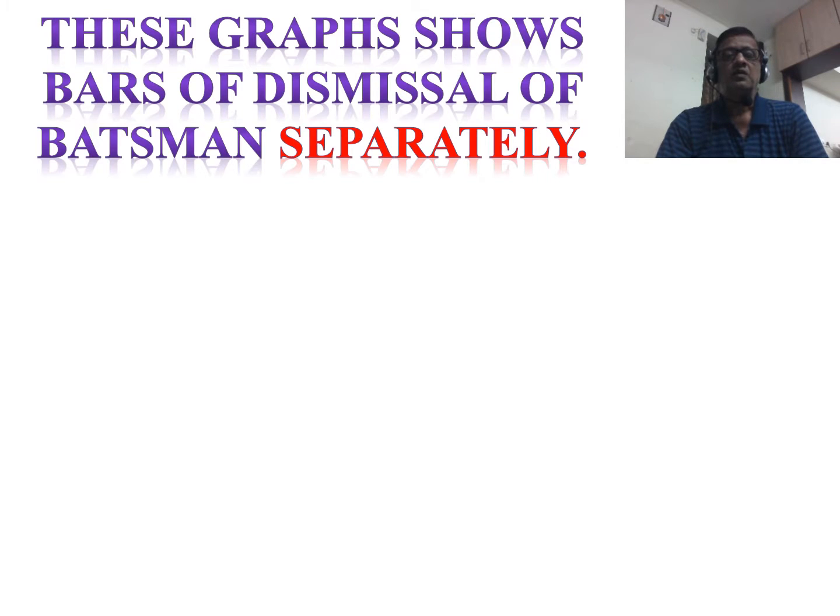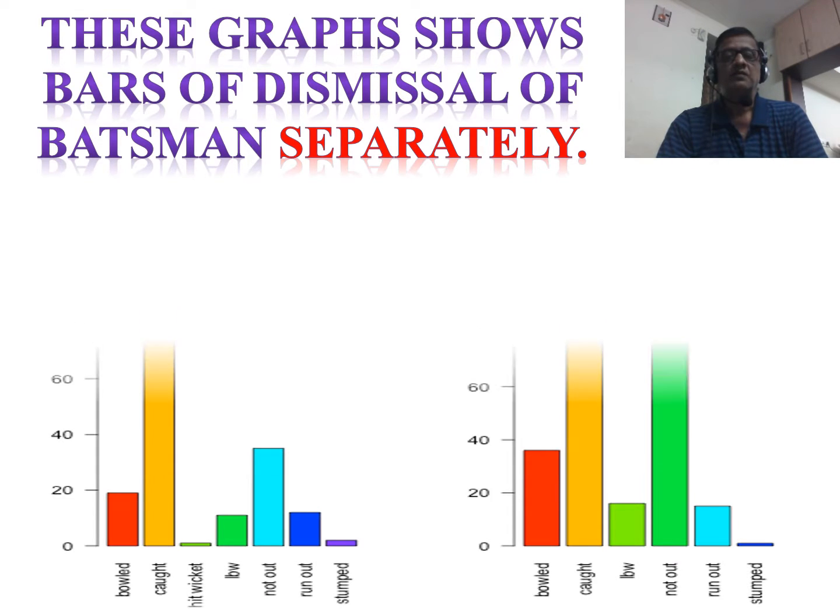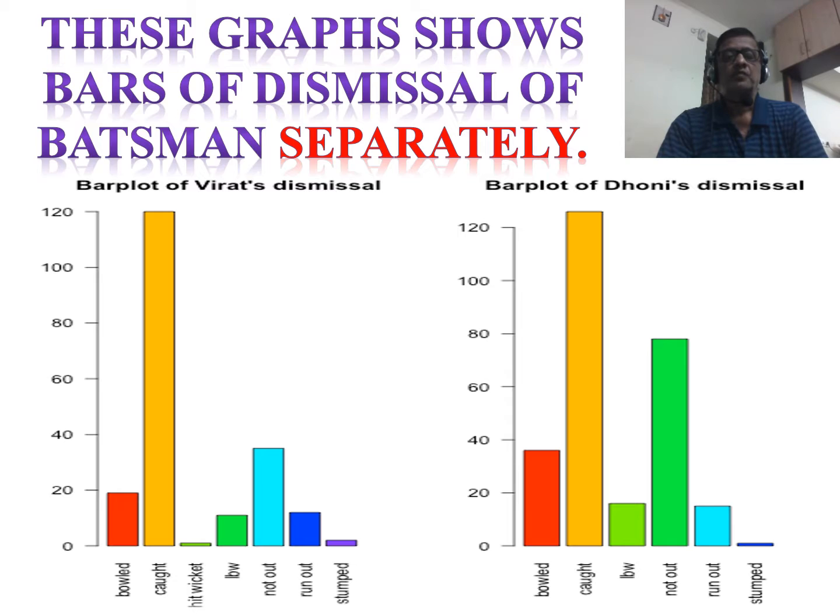Now see, these graphs show bars of dismissal of batsmen separately. Your favorite cricket players Virat and Dhoni, their bar plots are given.